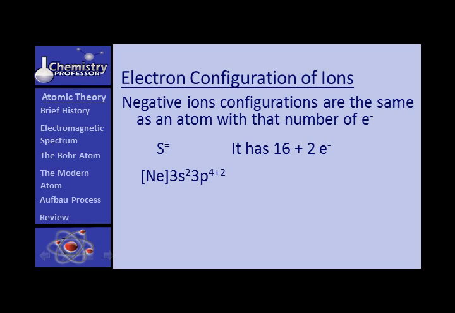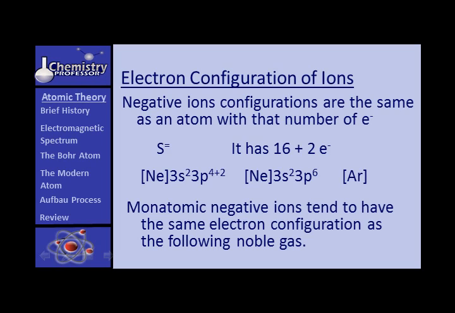So it has a neon core with 3s2, 3p4, but it gains 2 electrons. So, if you will, it gives it the neon core 3s2, 3p6. And notice, that's the same configuration as argon. And that is typical of monatomic negative ions. They tend to have the same electron configuration as the following noble gas.